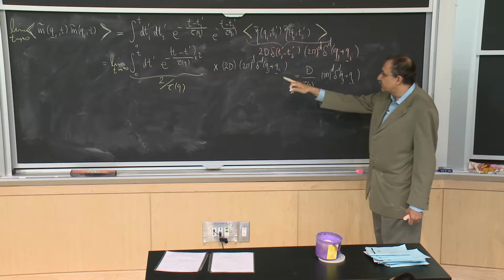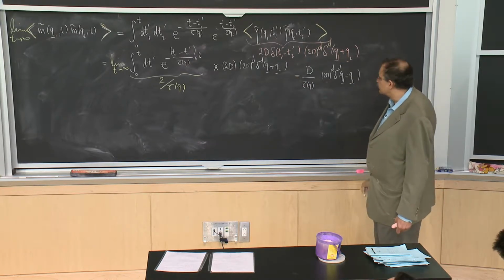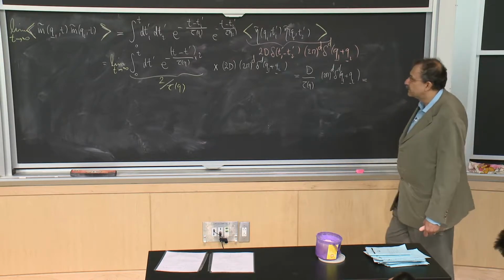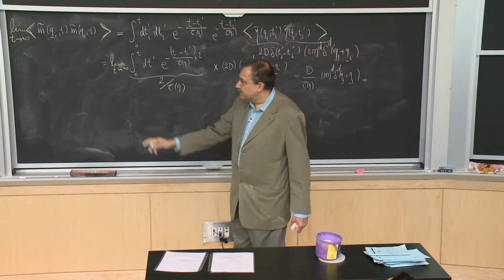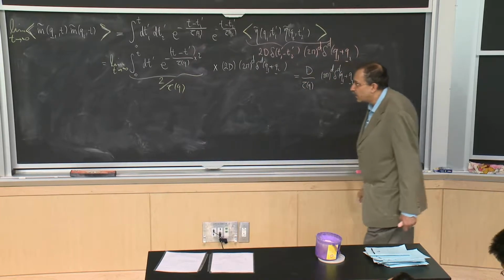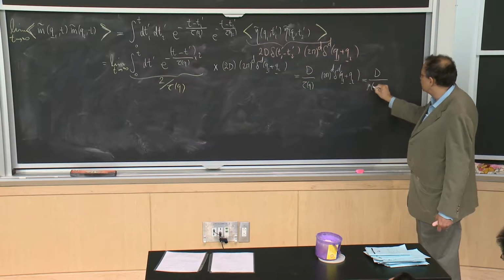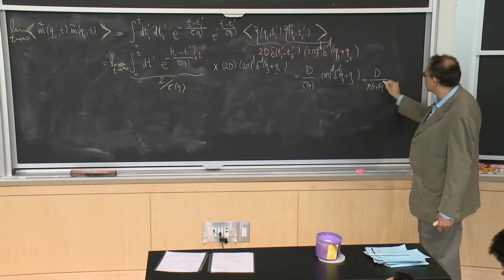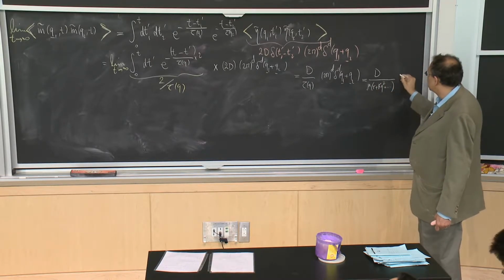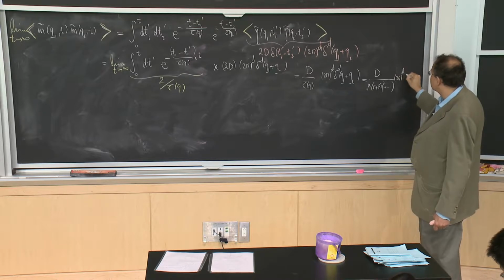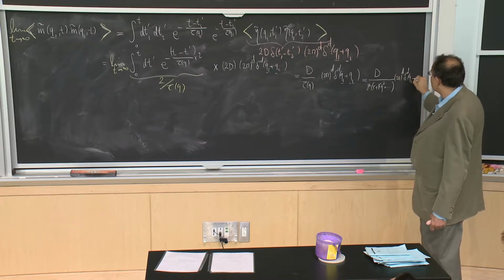And if I use the value of tau of q that I have, tau of q is mu r plus kq squared. This becomes d over mu r plus kq squared, and so forth, 2 pi to the d delta function q1 plus q2.